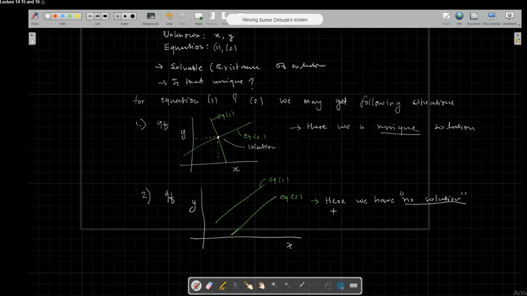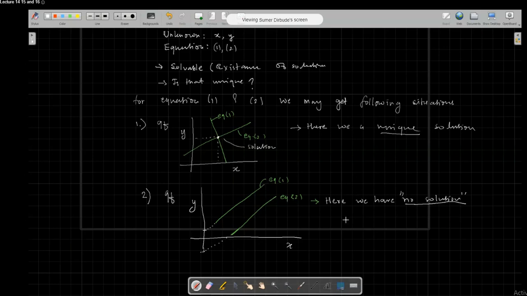This is called a singularity. Why is this called a singularity? Because what is happening here is, suppose you extend this, this is the intercept, and here this is the intercept. Equation number 1 is just a shift of equation number 2.